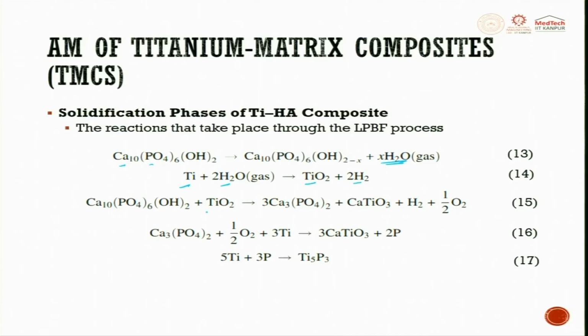The same thing when it is mixed with TiO2, this is the chemical reaction, it releases hydrogen, it forms CaTiO3 and then half O2. Then this calcium phosphate plus half oxygen plus 3 Ti leads to the formation of CaTiO3 plus 2 phosphorus. 5 Ti plus 3 P forms Ti5P3.